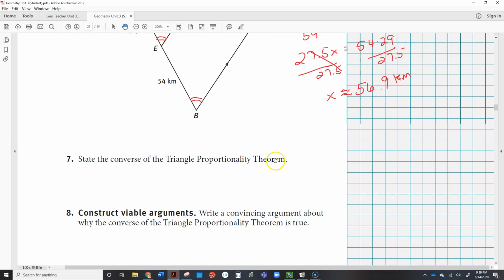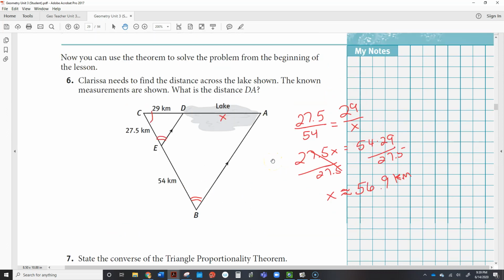Now state the converse. Remember, the theorem says that if you have a line that's parallel to one of your sides, then the two pieces of the transversals are going to be proportional.